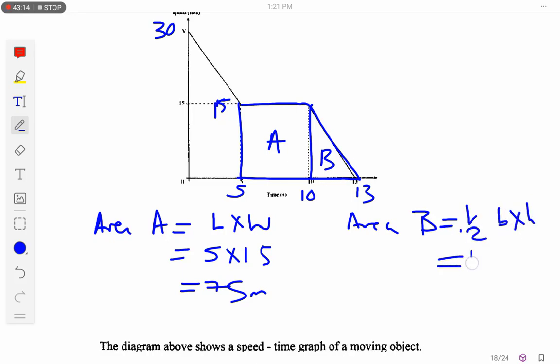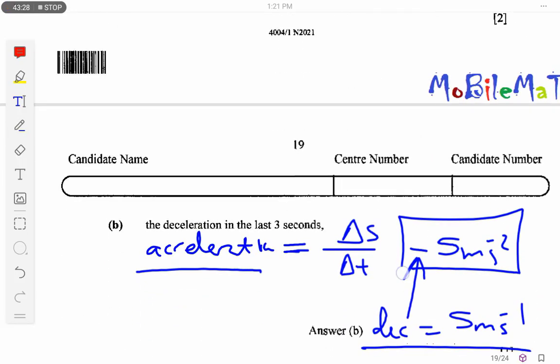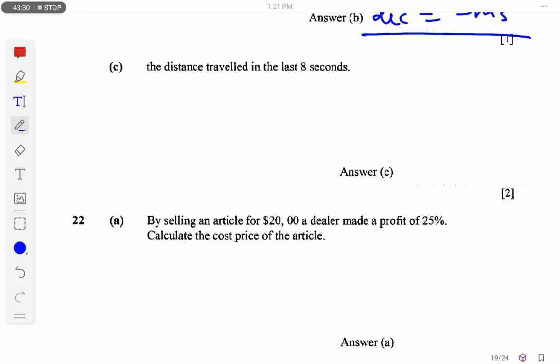So my half base is my 3 times my height 15, which gives 22.5. I'll add these two together. 75 plus 22.5, we get 97.5. So our area, our distance, is 97.5 meters. That's the distance traveled in the last 8 seconds.